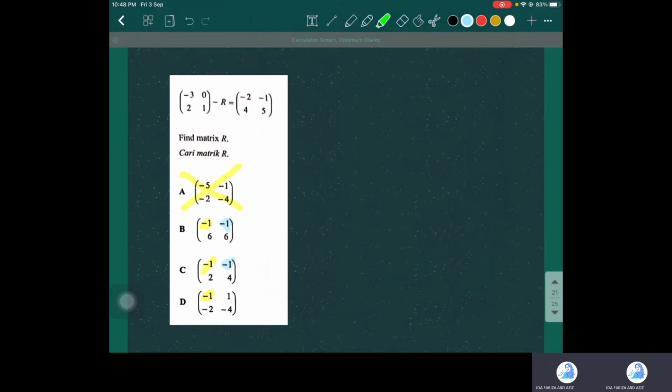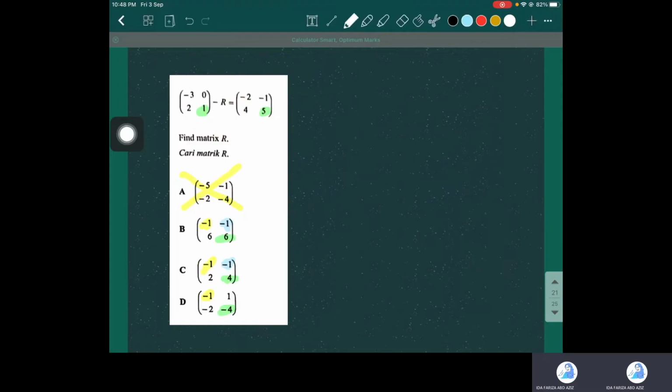Kita pilih yang kita rasa yang mana satu jawapan yang mungkin. So, I'm gonna try to check for the last element, 2, 2. I nak check untuk yang 2, 2 ni dapat berapa. So what we have here? We have 1 minus R equals 5.